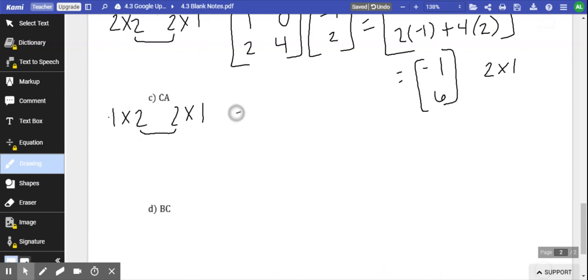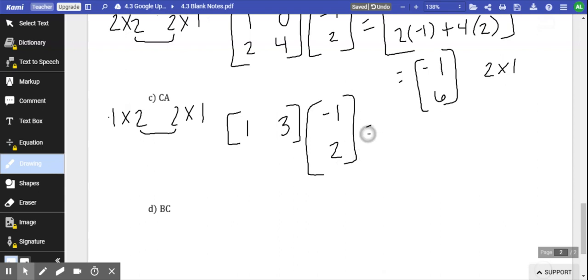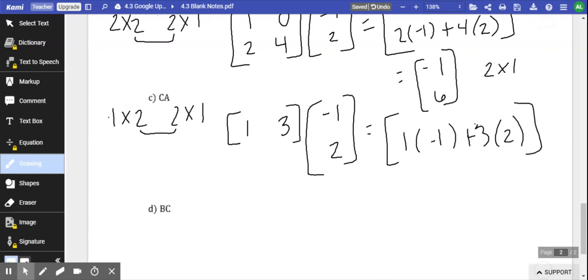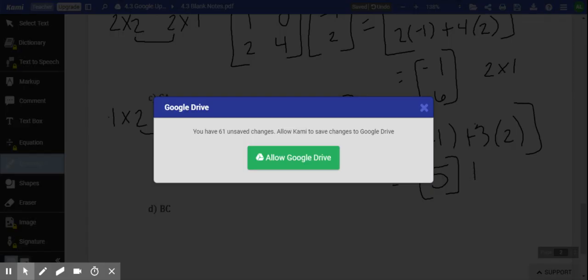So C is 1, 3, and we're going to multiply it by -1, 2. So we're going to just take this first row and multiply by this column and add the things together. So 1 times -1 plus 3 times 2. And that's the only element I'm going to have. So 1 times -1 is -1, and 3 times 2 is 6. So my 1 element matrix is 5.